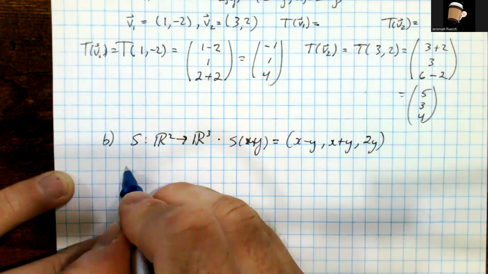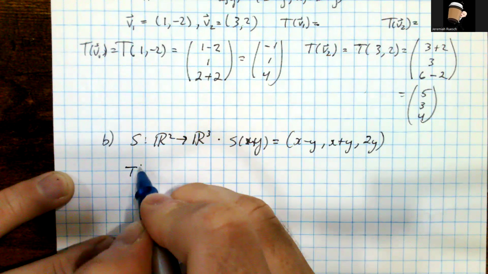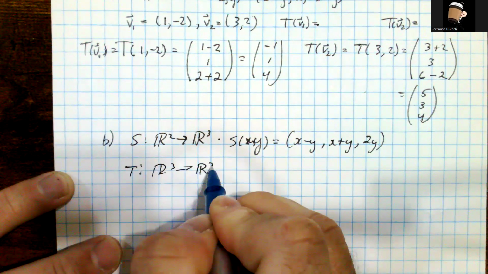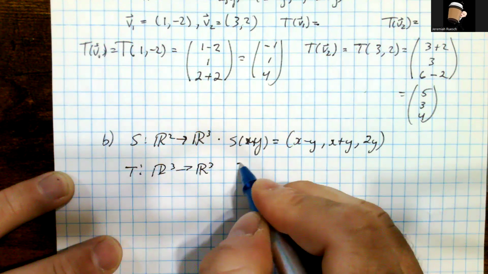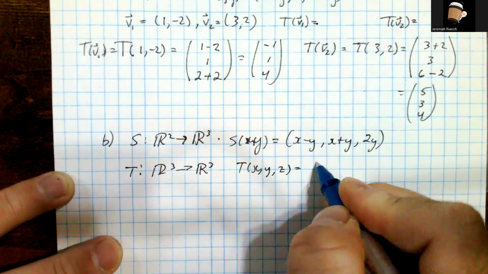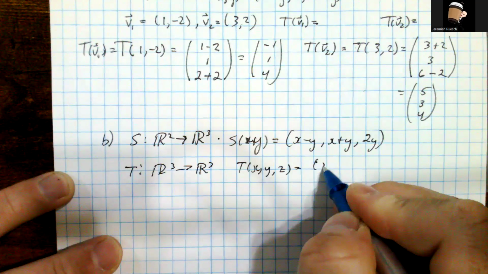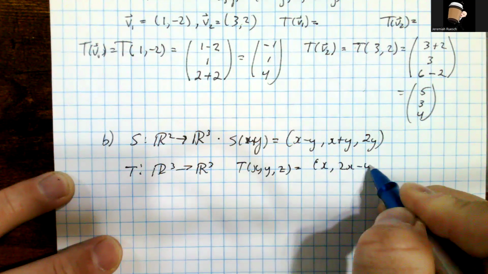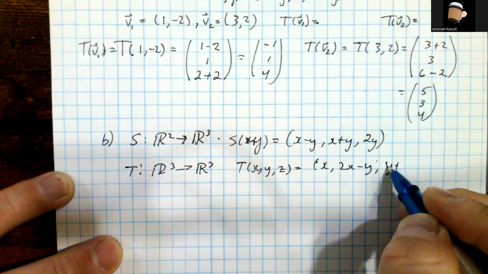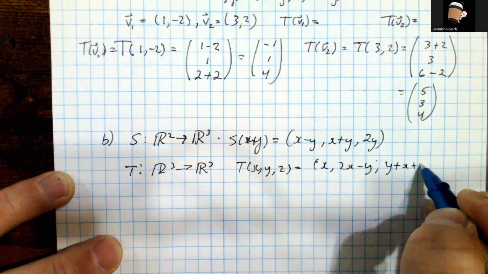And then we have another transformation here, T from R3 to R3, and T of (x, y, z) is given by x, 2x minus y, and y, oh sorry, I guess it's an x plus z.